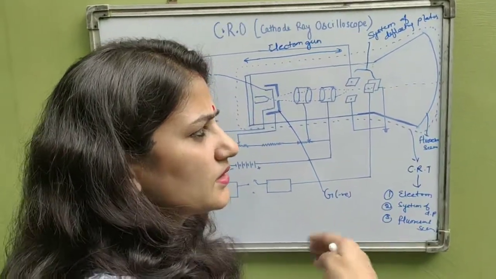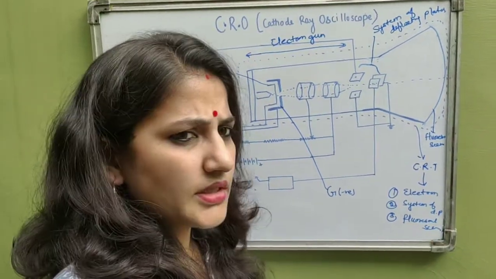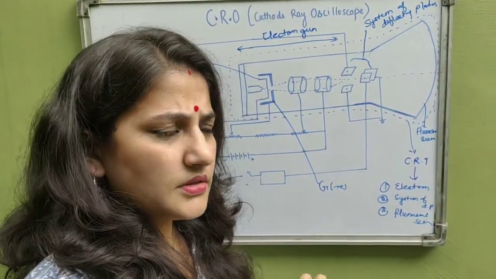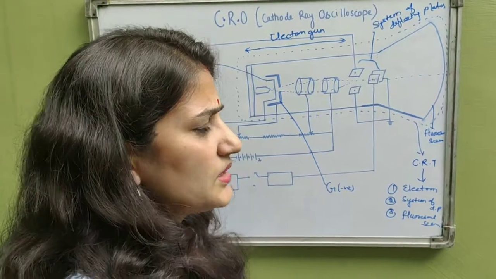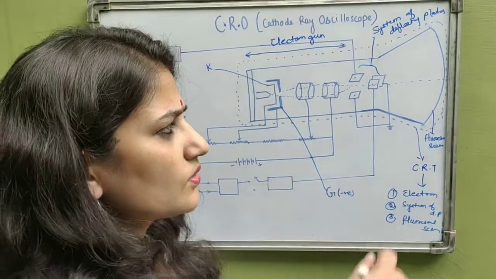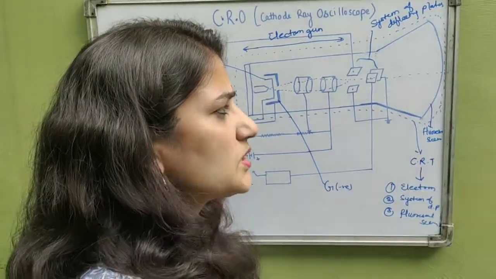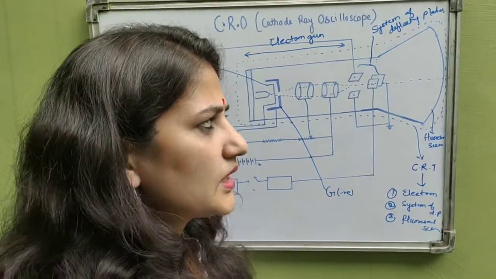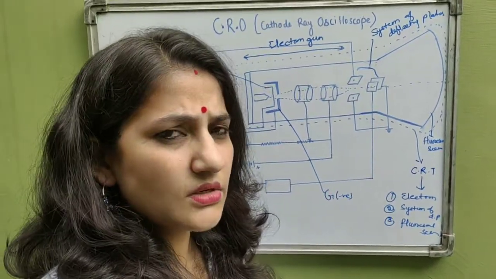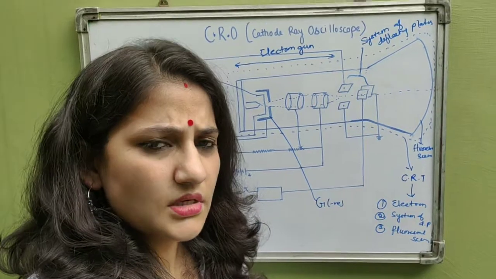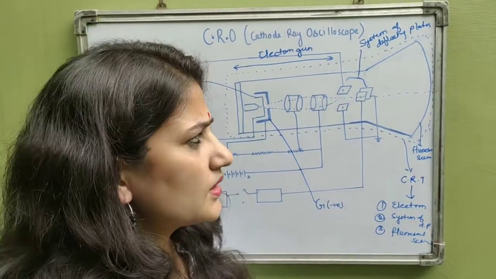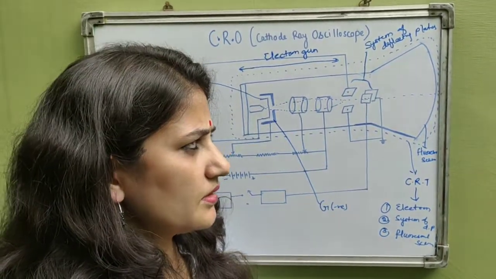Light is emitted in the form of some colors. This color may be green, orange, or red. This color is decided by the coating of the surface, meaning which material is coated on the surface. In our case, the material is zinc orthosilicate. This zinc orthosilicate is responsible for the emission of light in green color.